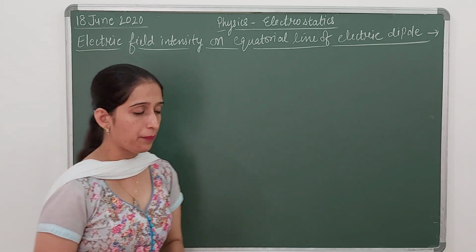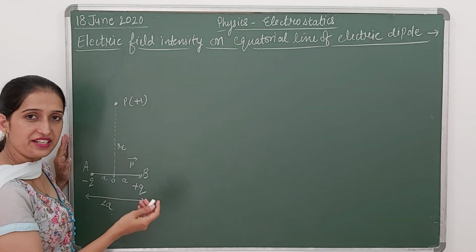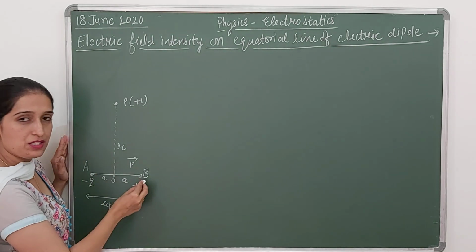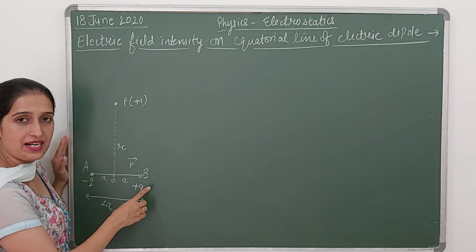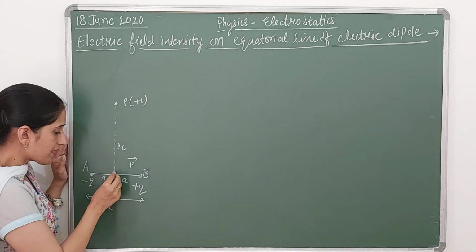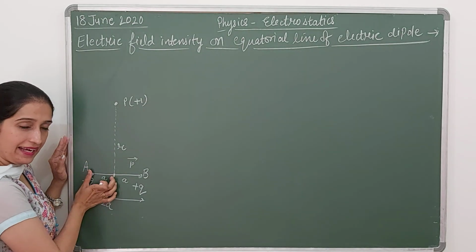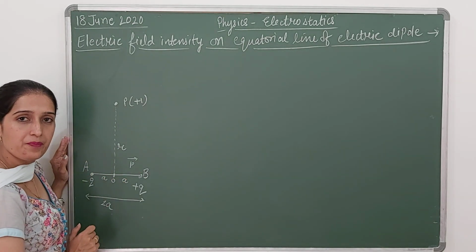Let's start our topic. Here AB is our electric dipole, minus Q and plus Q, two equal and opposite charges separated by a distance 2a. O is the central point of the dipole, so this distance is a and this one is also a.